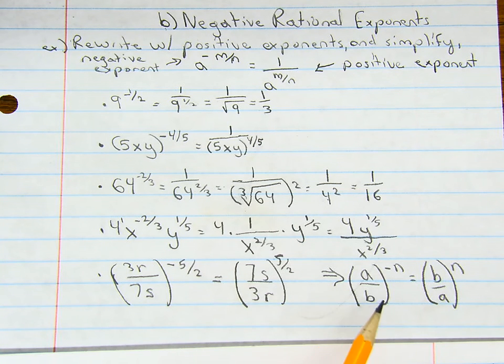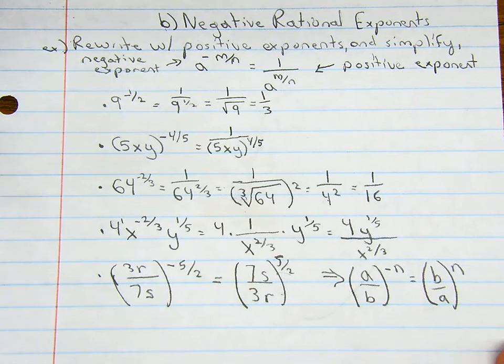Flipping it eliminates that negative exponent. Then, if it worked out, we could apply the exponent to both the numerator and the denominator and simplify, but it's not, so we're leaving it the way it is.